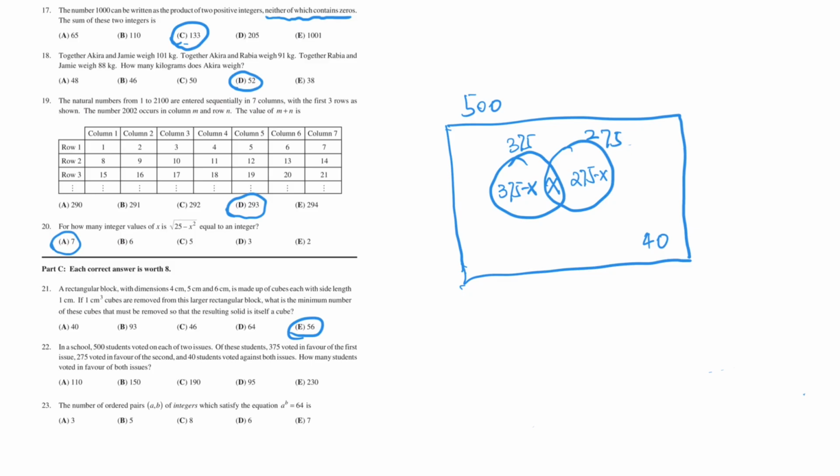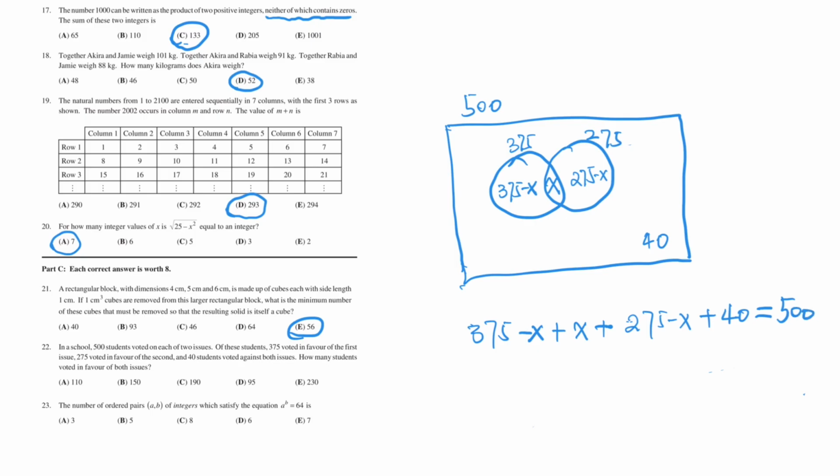So the equation is 375 minus x, that's only voted for the first issue, plus x voted in both, plus only voted in the second, 275 minus x, plus the 40 students against both issues, equals the total of 500.